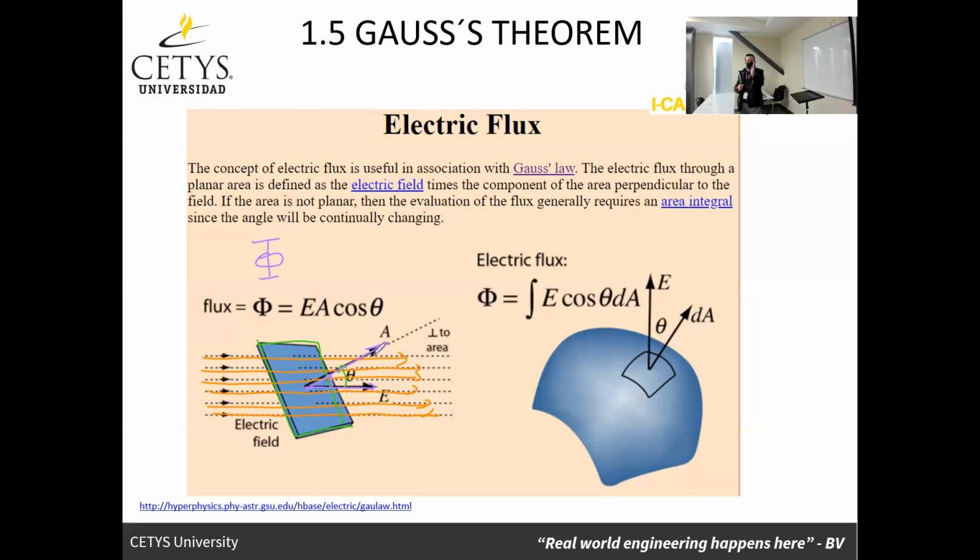The one that's going along the area, that doesn't have any effect. And so if we're talking about a surface area that's known, the flux is going to be the electrical field multiplied by the area times the cosine, because it's the one that's going to be perpendicular, assuming that the angle is taken from the x-axis.